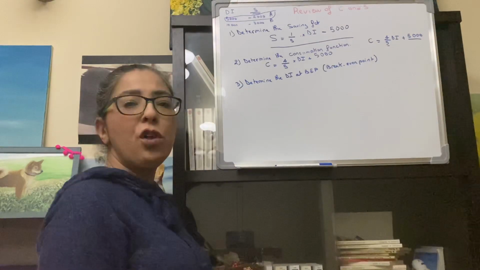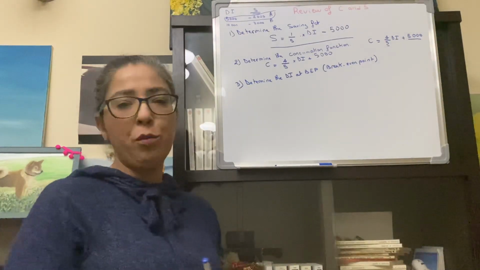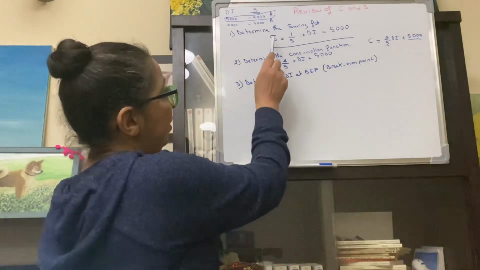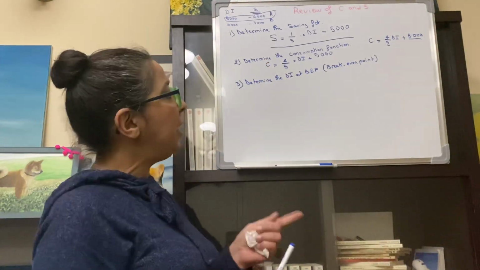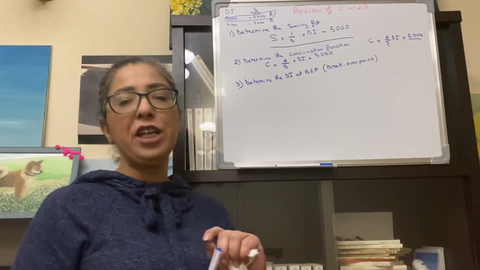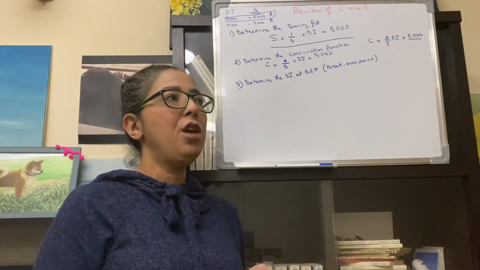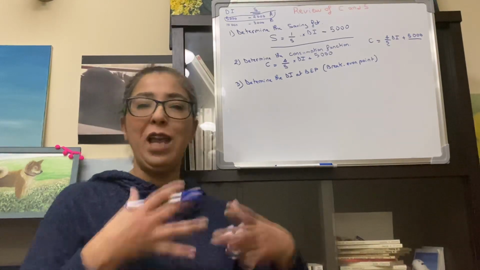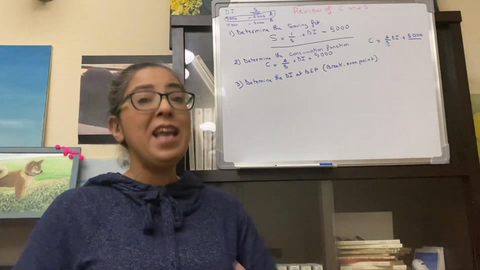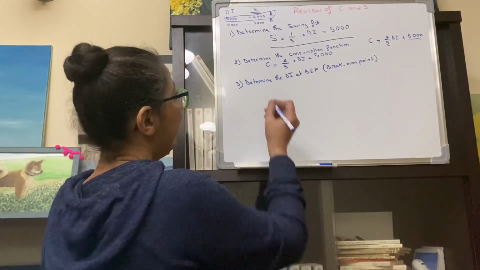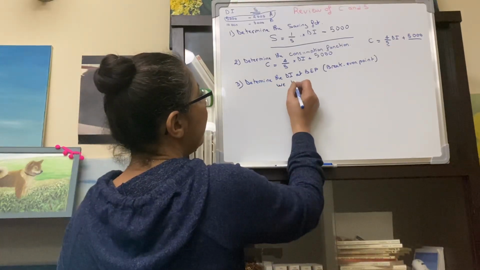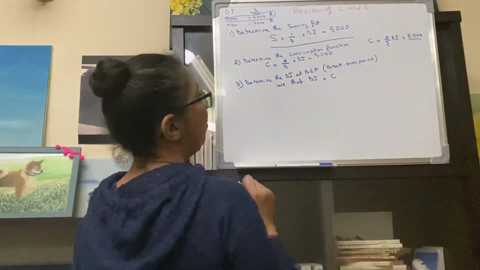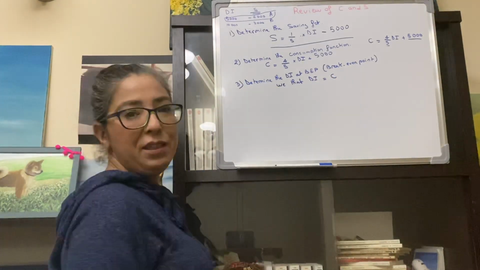Okay, so what do we know about the break even point? We know that the saving is equal to 0. That's if you use the saving. But here the question says use the C function. So use the consumption. If we're not saving, that means we are consuming everything we have. So DI is equal to C. We know that DI is equal to C. And we have the C function.